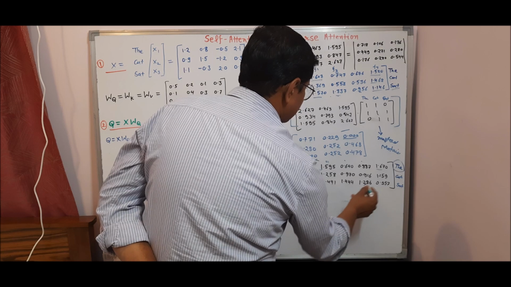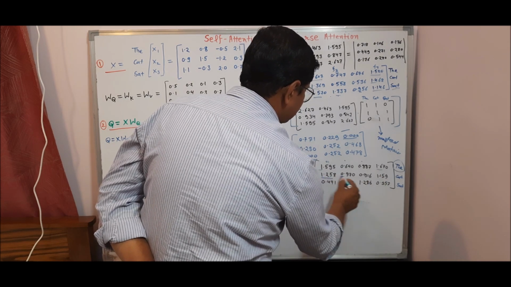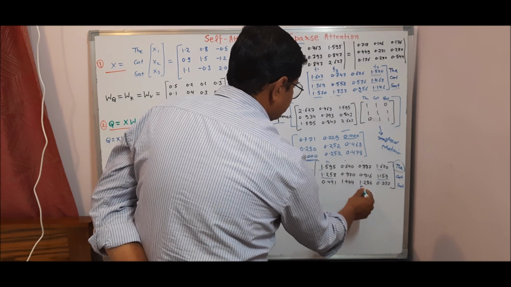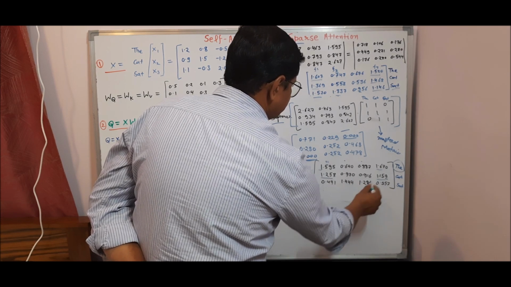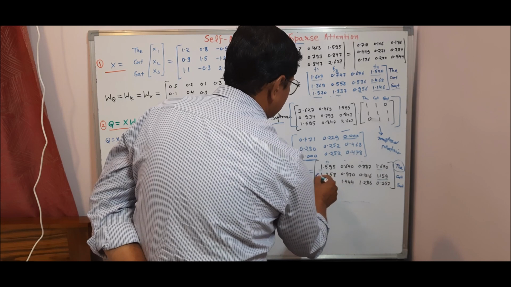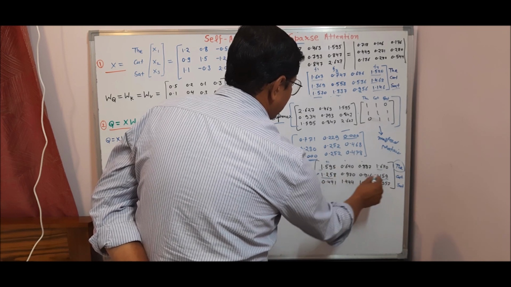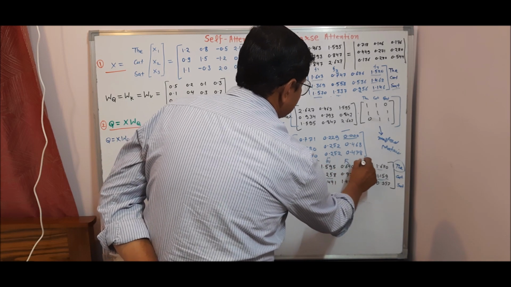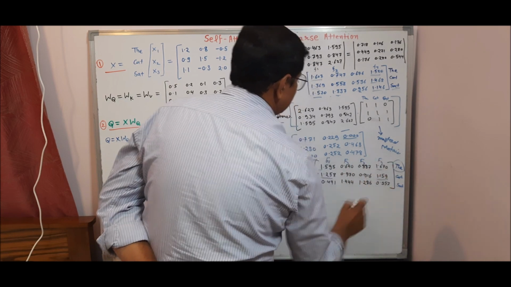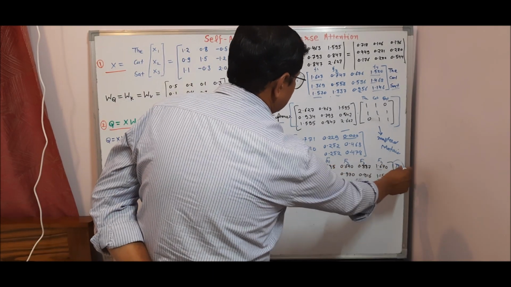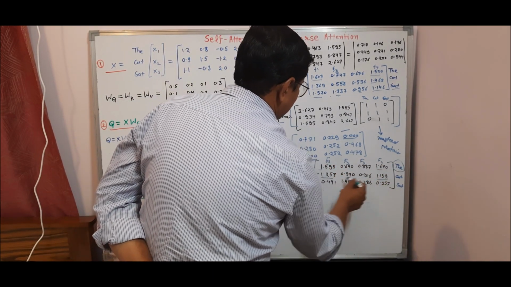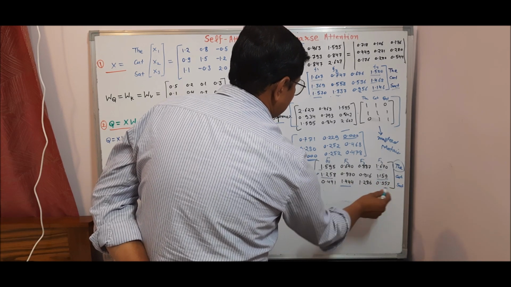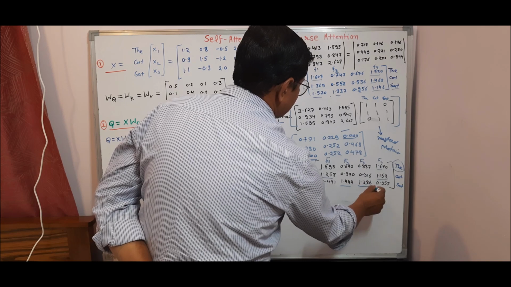Similarly, cat is also getting a better score for feature 1 and feature 4, because we can say that this is feature 1, this is feature 2, feature 3, and this is feature 4. So for feature 1 and feature 4, cat is also getting a good score, and similarly sat is getting a good score for feature 2 and feature 3.